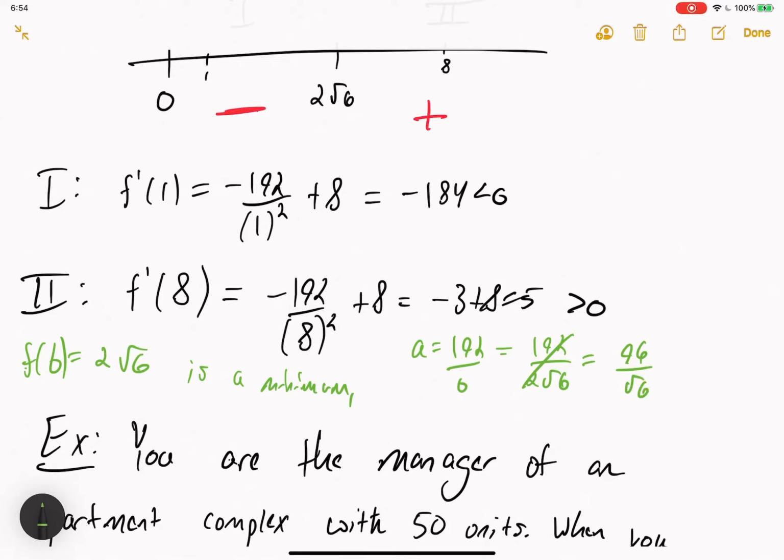So our A is 96 divided by the square root of 6, and our B is 2 root 6. When we combine them, we get the smallest possible value for A plus 8B, which in terms of B was 192 over B plus 8B.